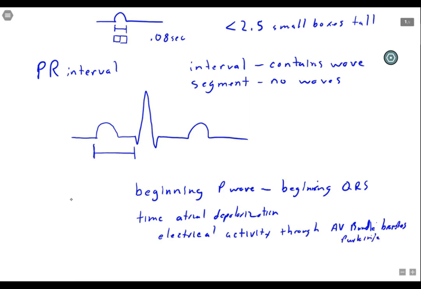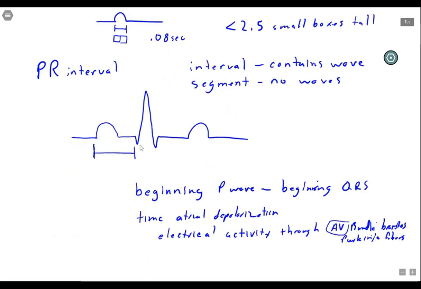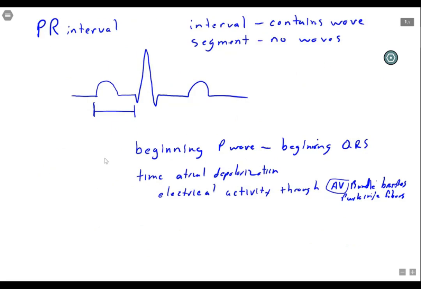So if there's something going on with the PR interval, there's probably something going on with the conduction, probably through the AV node. There's a certain amount of time it should take for that electrical activity to come through the atria and get through the AV node to the ventricles. So a PR interval generally should last between 0.12 to 0.20 seconds. That is 3 to 5 small boxes.